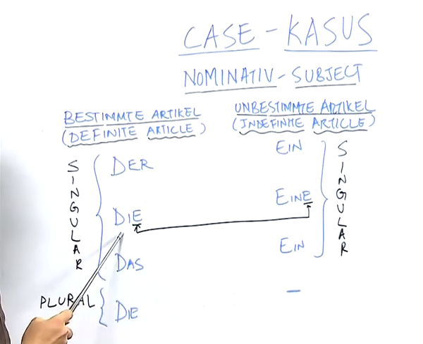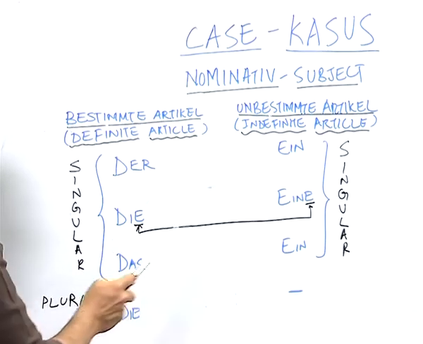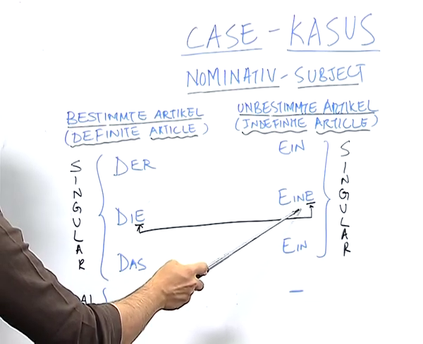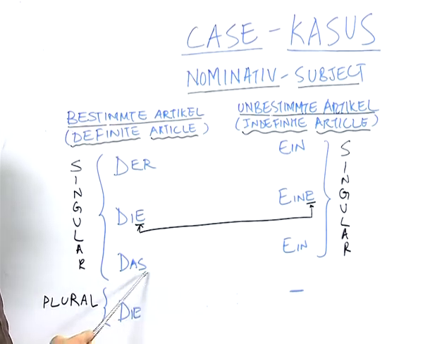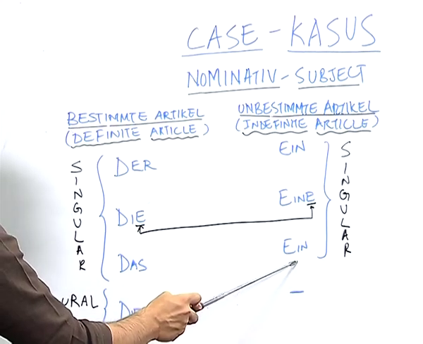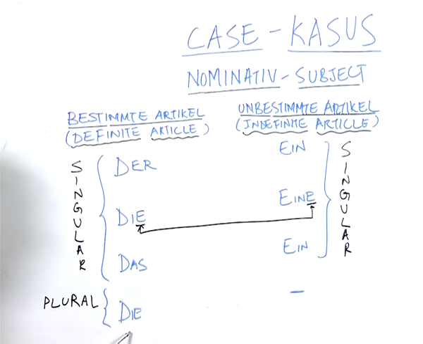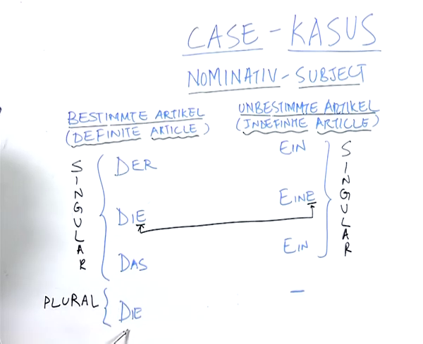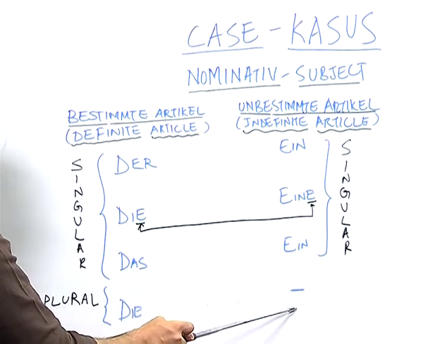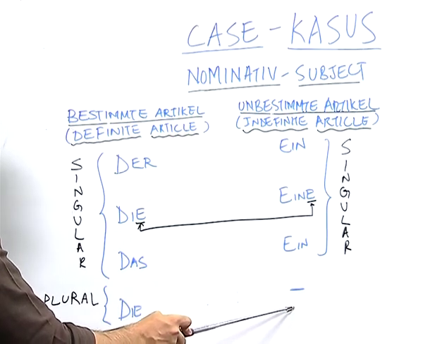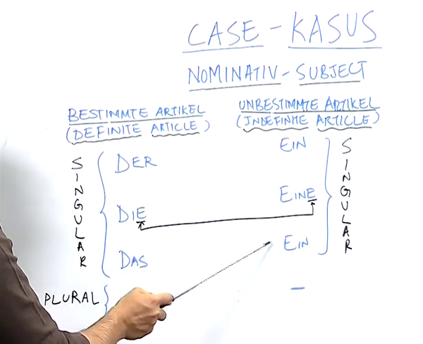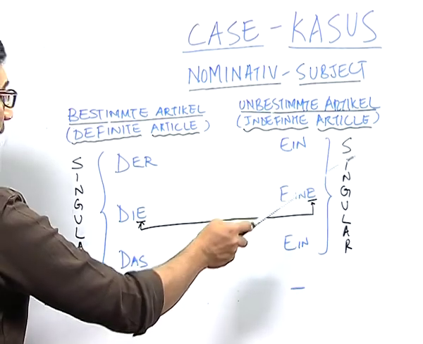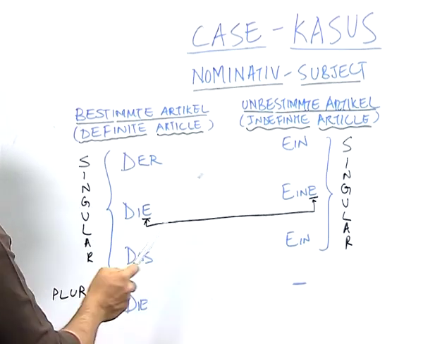The definite article die has the corresponding indefinite article eine, and the definite article das has the indefinite article ein. And for the plural article die, there isn't any indefinite article. So please remember that indefinite articles are only singular in nature.